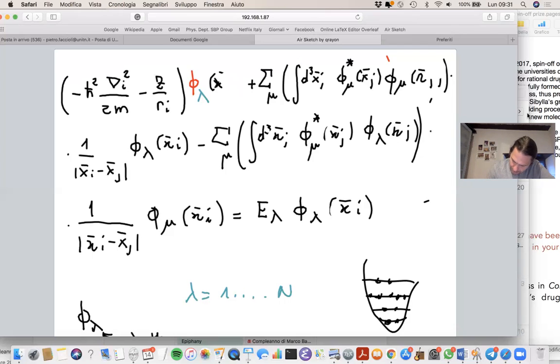Let me go around. Putting the index in blue to remind myself, let's say xi, to remind myself that this is the distance from the nucleus.